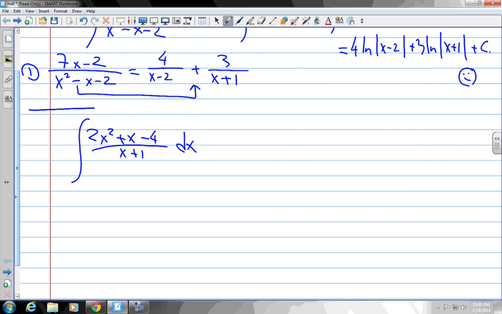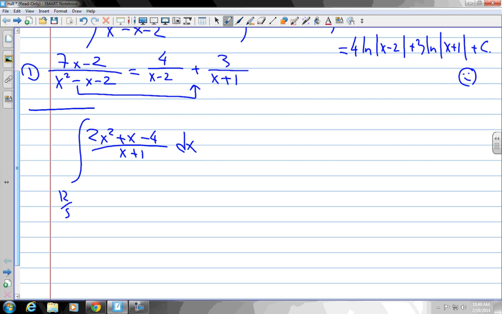In this example, the numerator has a higher degree than the denominator. Every time that happens, that's still called an improper fraction. Just like when you look at 12/5, that's an improper fraction. You know how to convert 12/5 into a proper fraction or a mixed number, right? How do we do that?